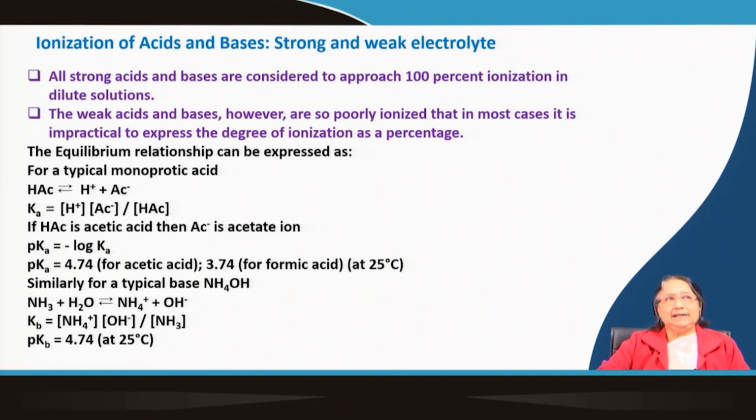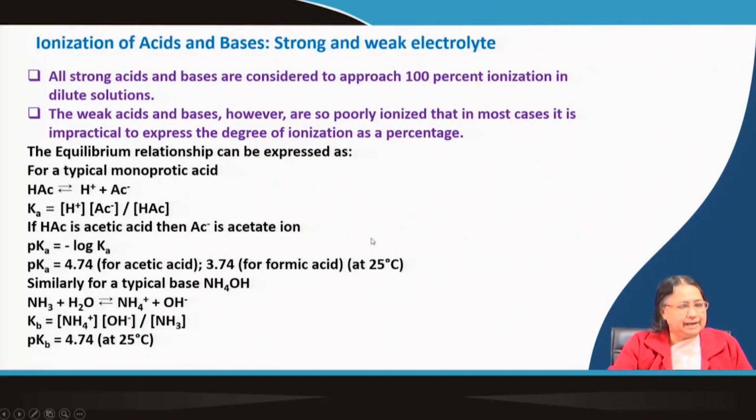Only very slightly it will dissociate, and so it is called a weak acid or weak electrolyte. Weak acids and bases, however, are so poorly ionized that in most cases it is impractical to express the degree of ionization as a percentage.